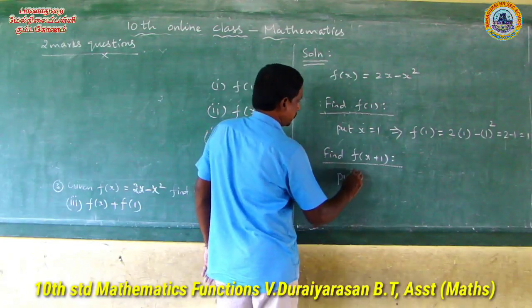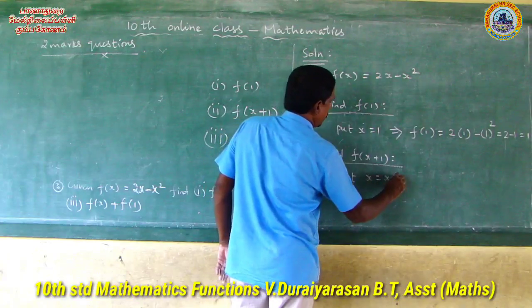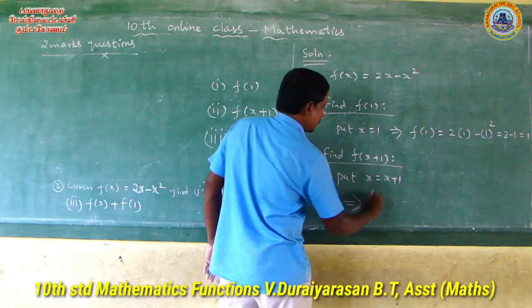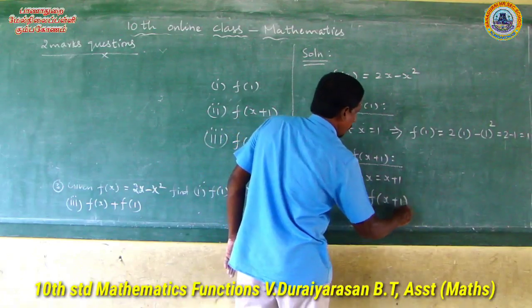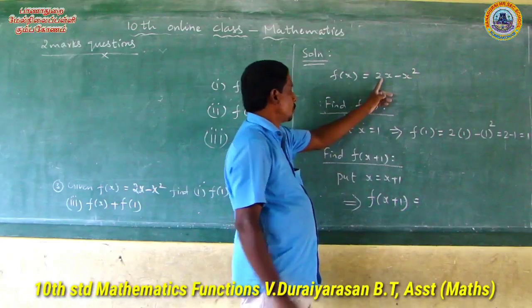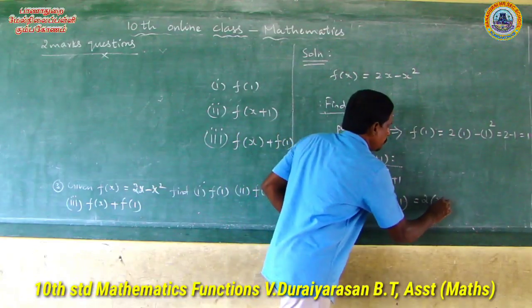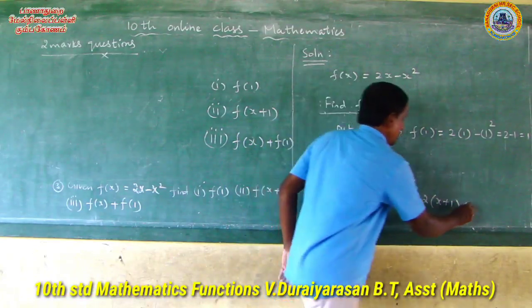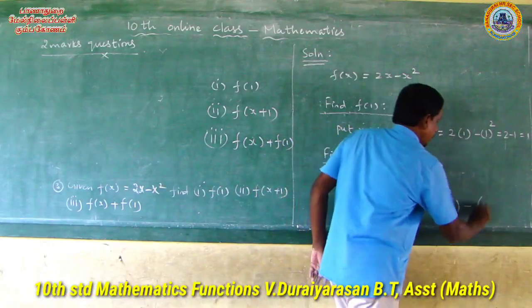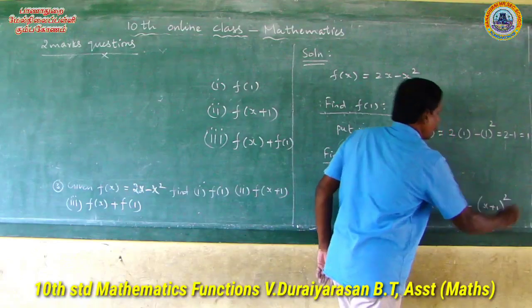Put x is equal to x plus 1. That implies f of x plus 1 is equal to 2 into x plus 1 minus x plus 1, the whole square.